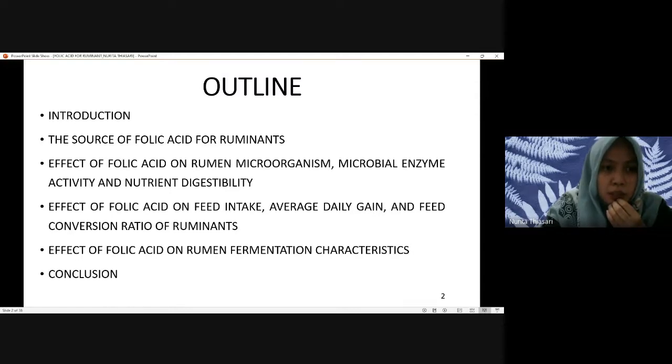Third, effect of folic acid on rumen microorganism, microbial enzyme activity, and nutrient digestibility. Fourth, effect of folic acid on feed intake, daily gain, and feed conversion ratio of ruminants. And fifth, effect of folic acid on rumen fermentation characteristics. And the last one is conclusion.